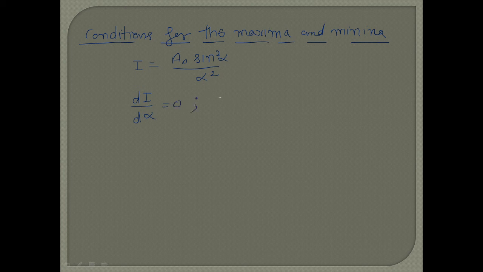Then d by d alpha of A naught square sin alpha square divided by alpha square is equal to 0.